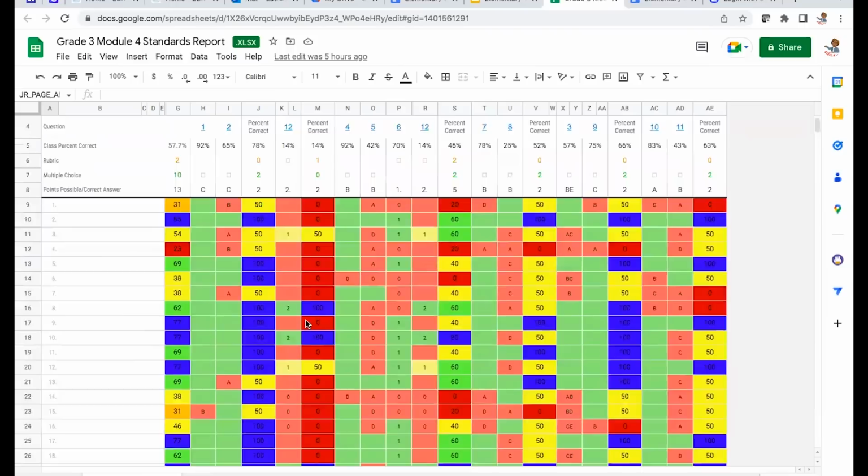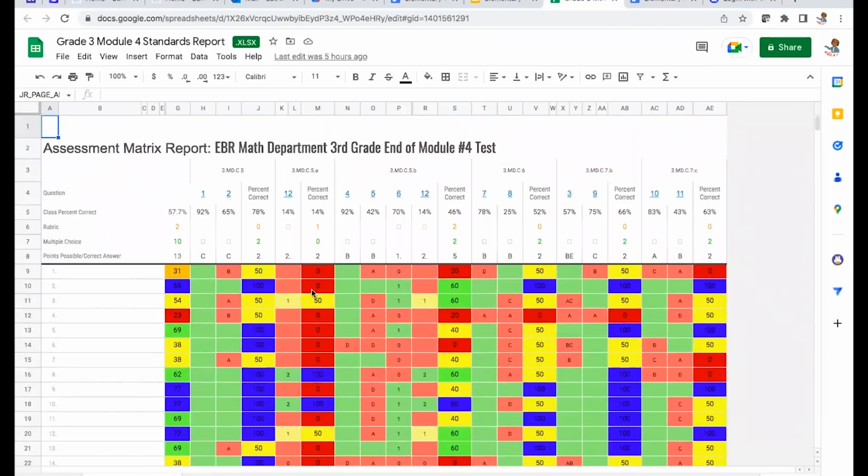Now, keep in mind, this was a constructive response, and we know that sometimes, especially for our third graders who are just beginning to see things that look like standardized tests, that could be an area of challenge.